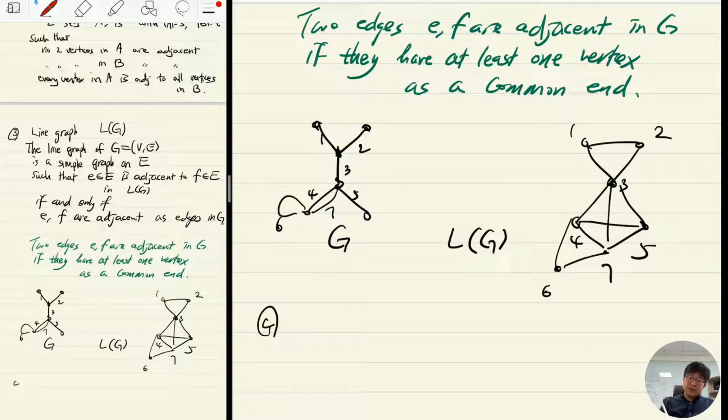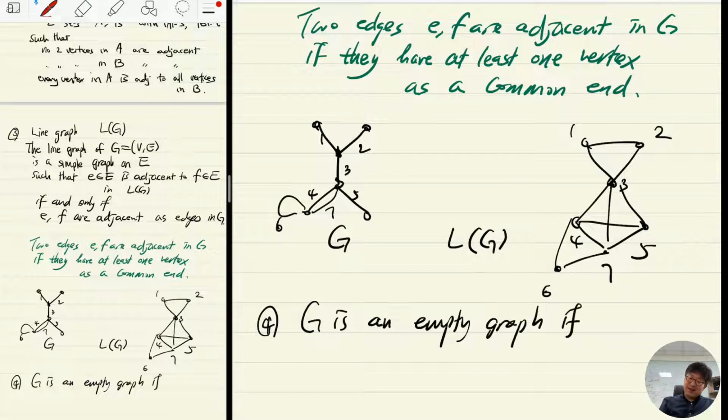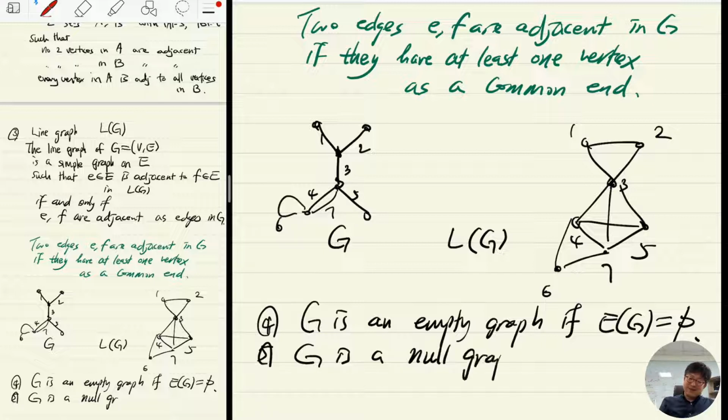What are the other things? Maybe I say simple things. G is an empty graph if the set of edges is empty. All right, what about G is a null graph if the set of vertices is empty? Well, we rarely see this null graph, so you don't have to worry.